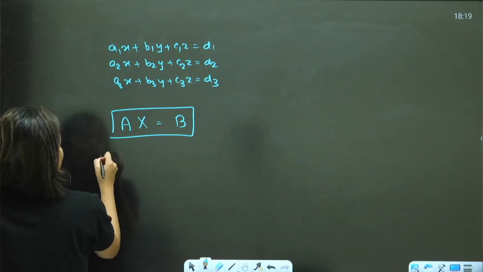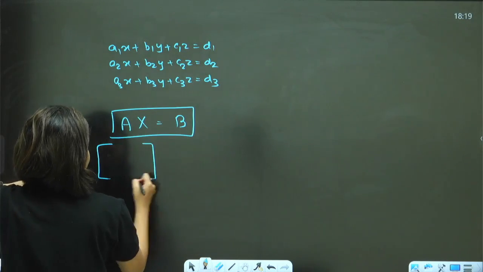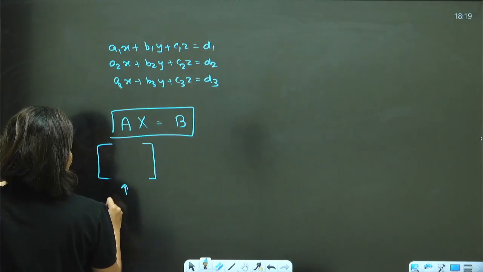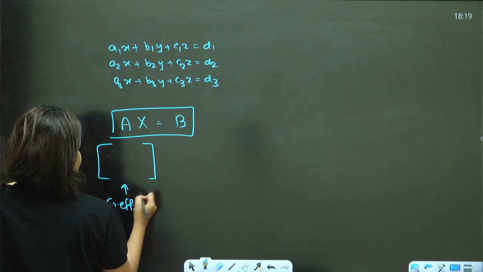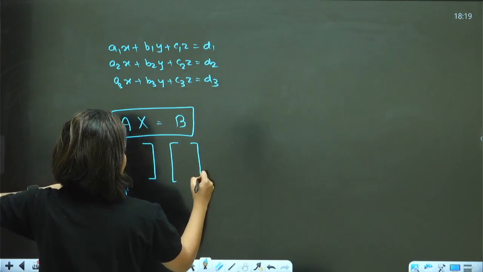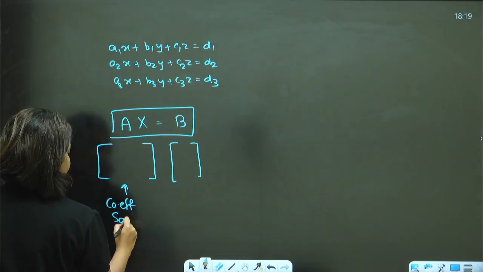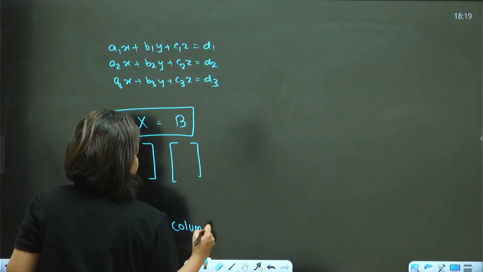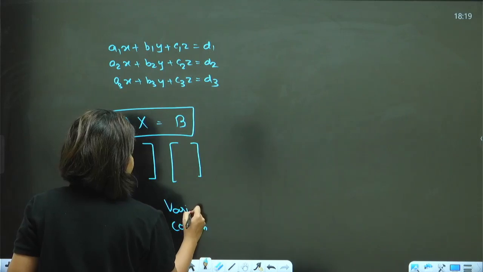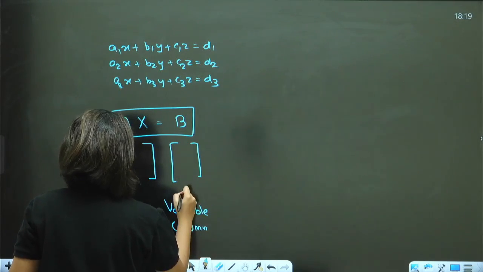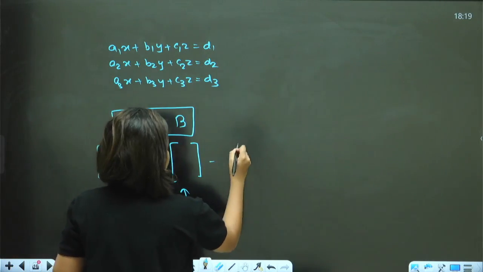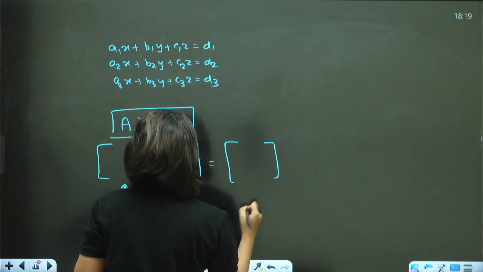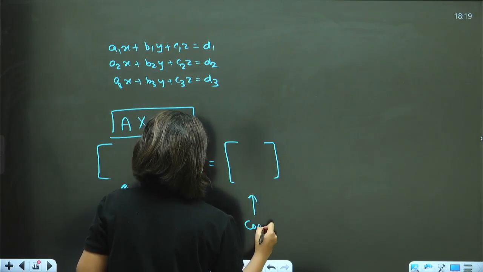A into X equal to B. Now what is A? A is your coefficient matrix. What is X? X is a column matrix. A will always be square. X will always be a column which has the variables in it. Equal to B is all your constants.